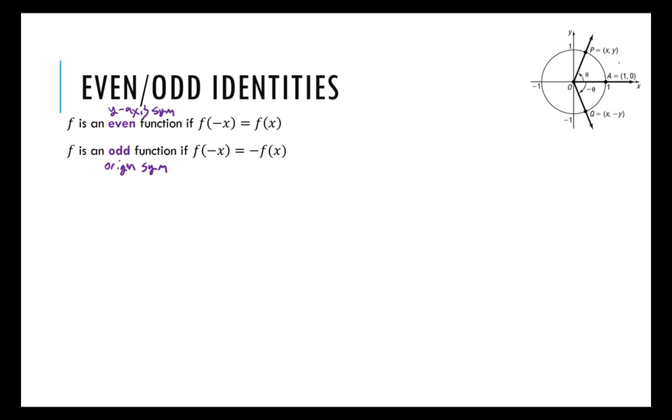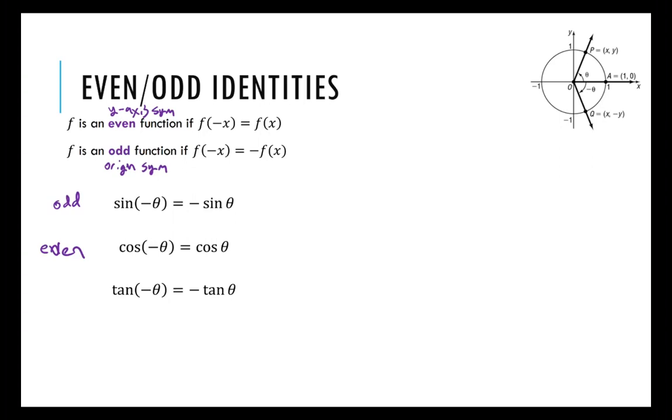Well, which one is that? That's the cosine function. And so I'm actually going to be able to say that cosine of negative theta is cosine of theta. Then, if you were to play with the other directions, you could get that sine of negative theta is equal to negative sine of theta.